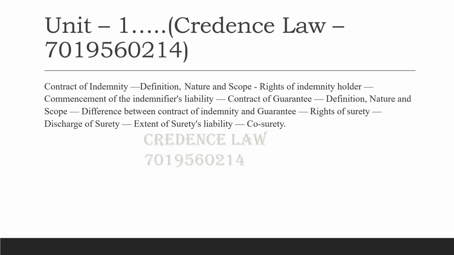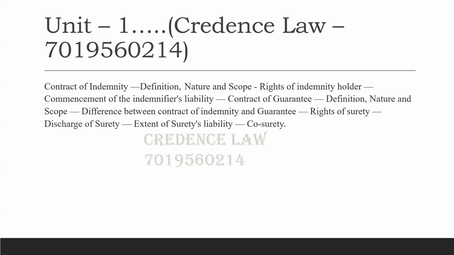Here, the liability comes into picture only when there is a loss. That is a contract of indemnity. Section 125 talks about rights of the indemnity holder, where the indemnity holder has a right to recover all damages, the right to recover the costs, and the right to recover the sums.